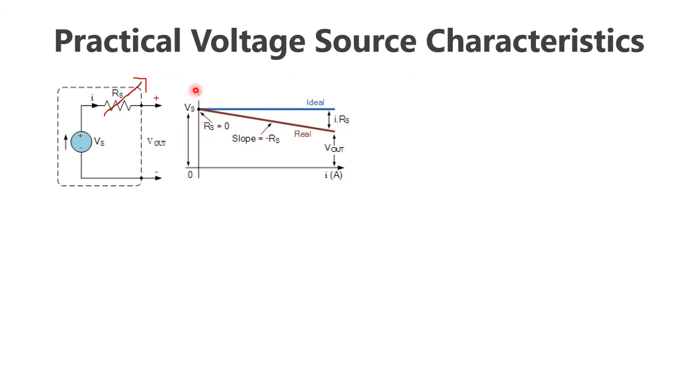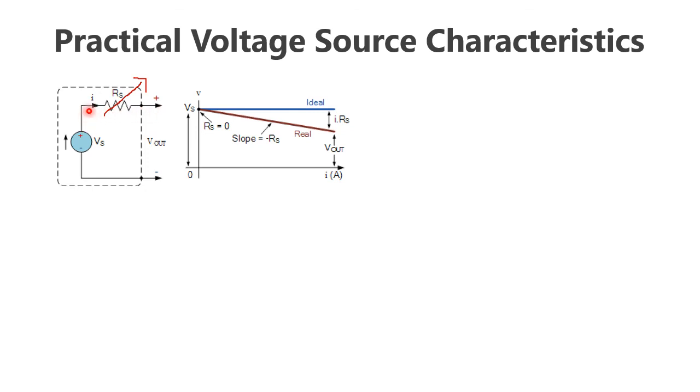Normally in the practical voltage source, if we observe the characteristic curve, because of this RS, the Vs will decrease like this. There will be a slope on the characteristic curve. So why is it like this? The reason is that the voltage drop across this resistor depends on the load current.